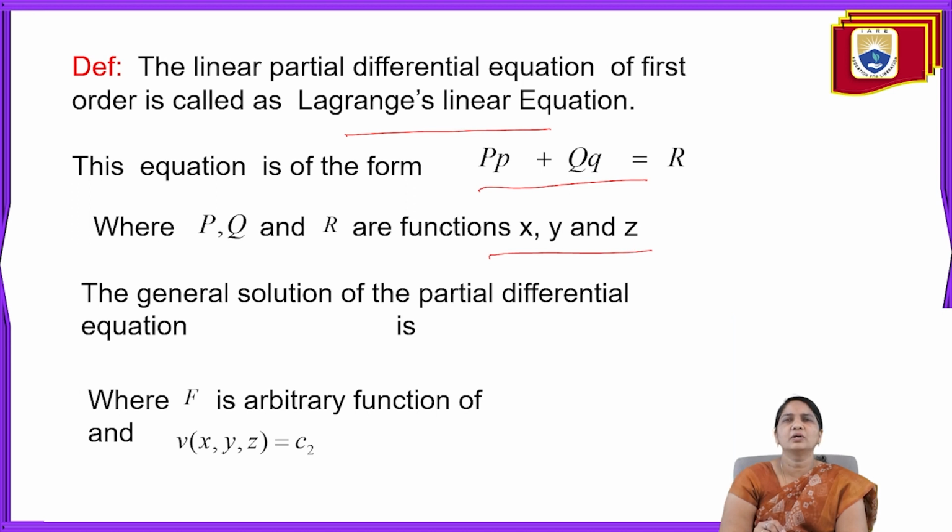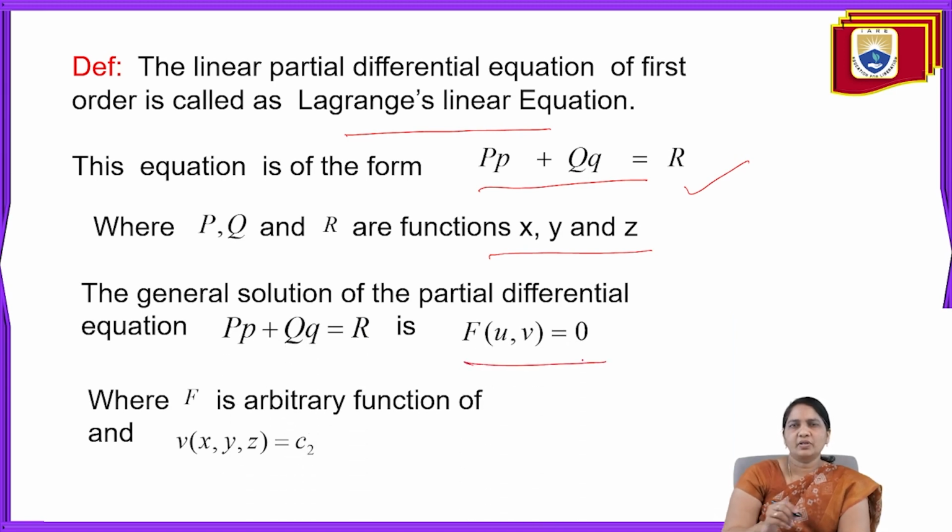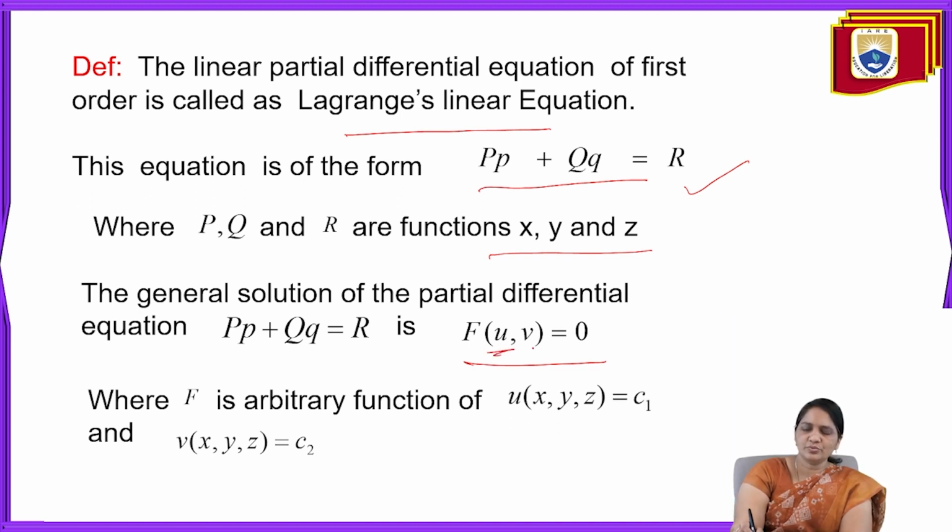I am just going to give some outlines to solve the problems. The general solution of this equation is f of u comma v equal to 0, where f is an arbitrary function. We are going to take two solutions, that is u and v.